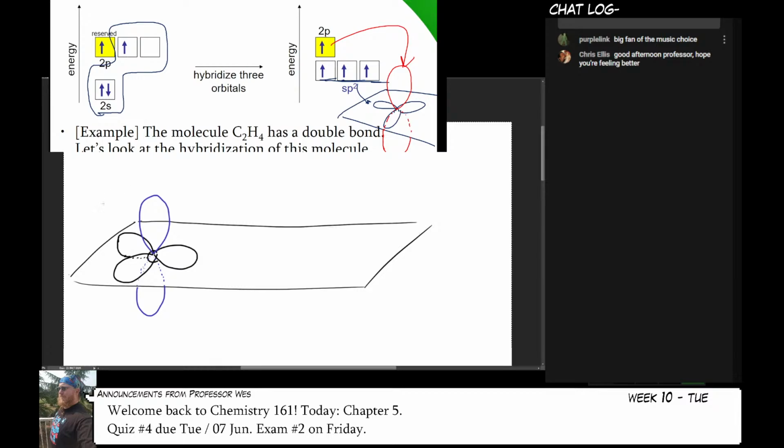Now what I'm also going to do is draw a second copy of this over here. So I'm going to put a carbon here, with 1, 2, 3 orbitals. And then we'll draw its p orbital above and below that plane as well.